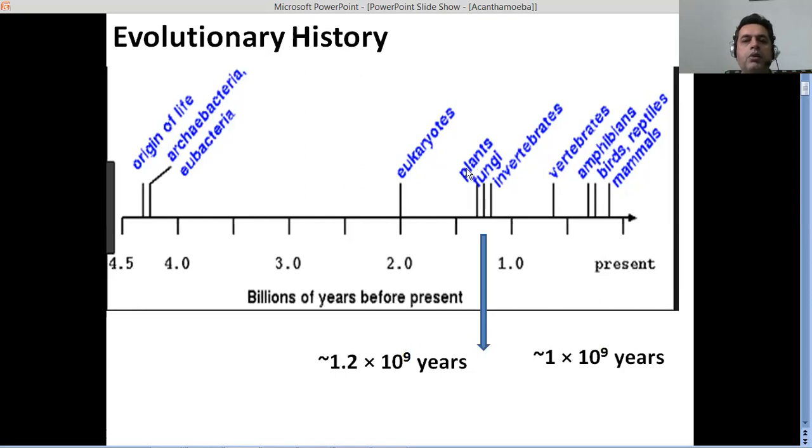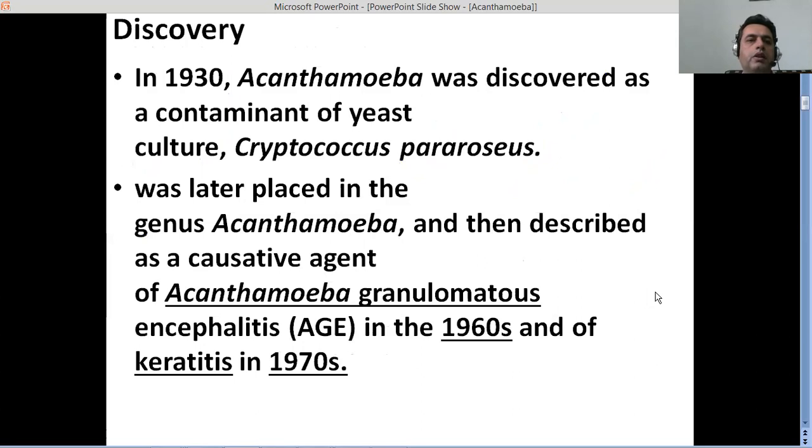So it was probably during this era when the plants and fungi were diverging from the main eukaryotic cell lineages. During that particular period of time, in between these two eras, at some point of time, these amoebas also are thought to have diverged from the eukaryotic cell lineages, other lineages like plants and animals.